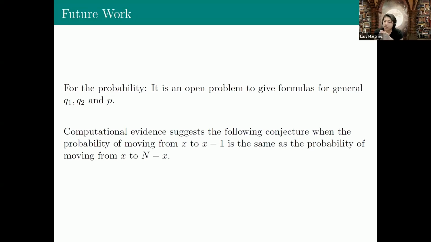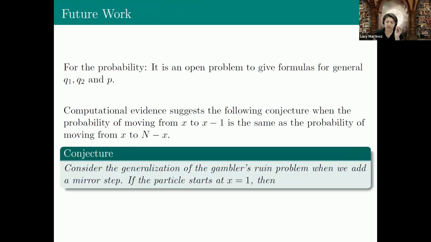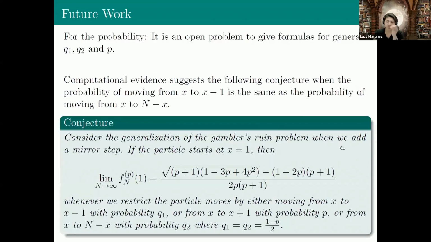And I do have one conjecture to show where instead of fixing Q1 and Q2 to be the same, let me just show it off. If the probability of going from x to x minus 1 is the same as our probability from x to n minus x.